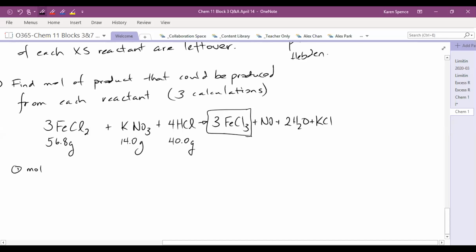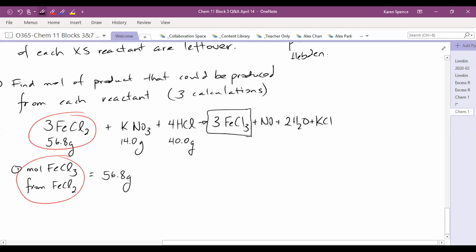Okay. So we want to find the moles of FeCl3 from reactant A, which is FeCl2. We are starting with 56.8 grams of FeCl2.